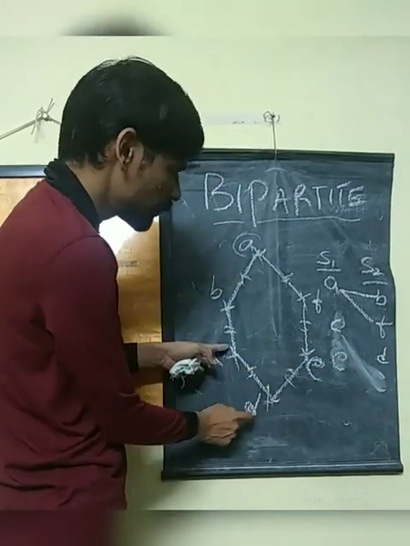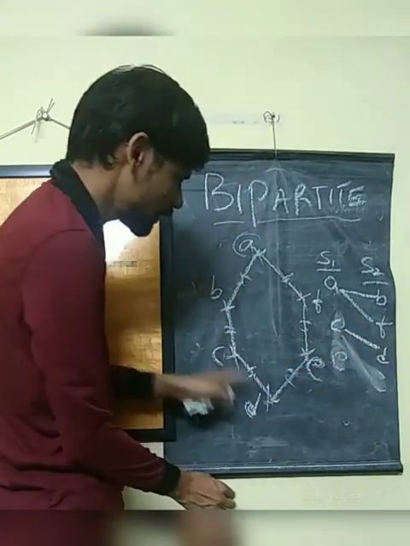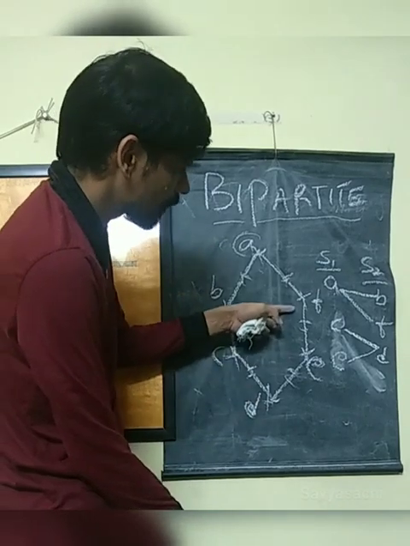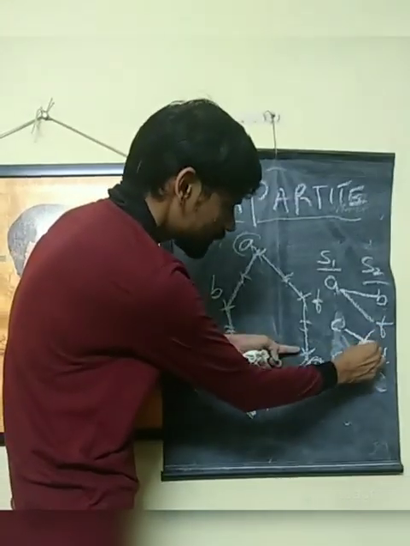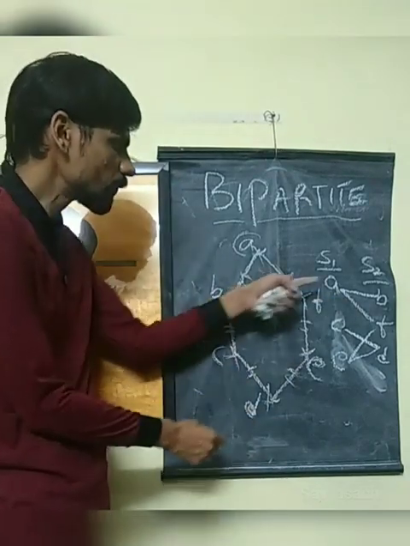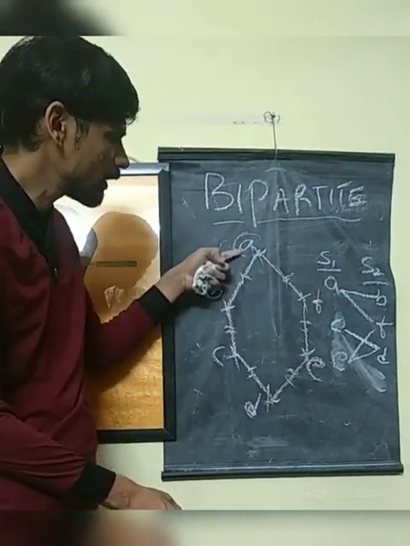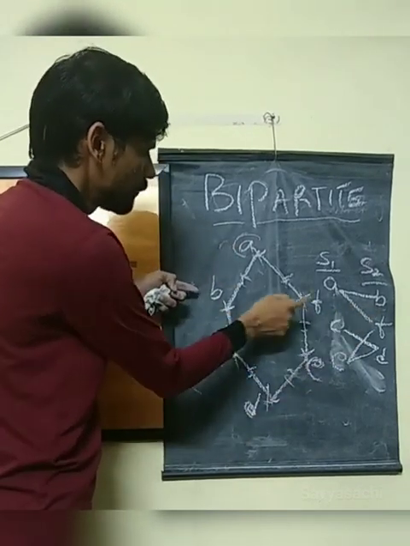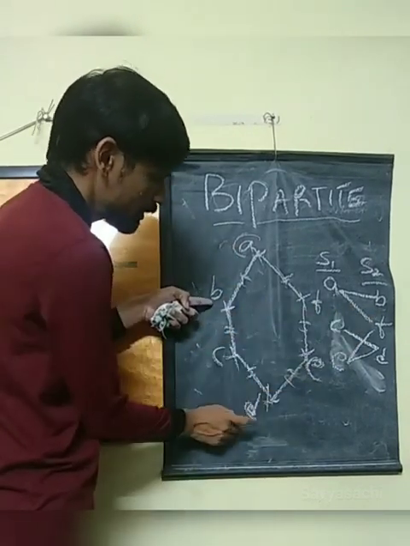So now C to D is a connection, D to E is a connection, and F to E is a connection. And A to F. So now see, in the first set we have A, C and E. In the second set B, F and D.